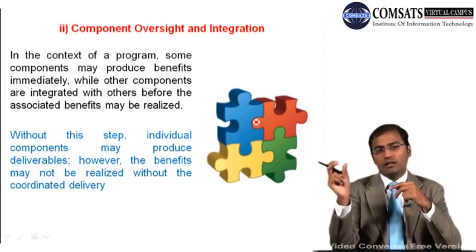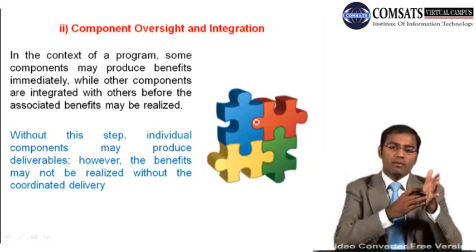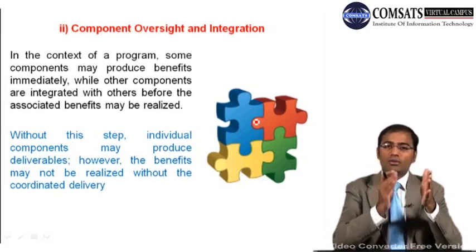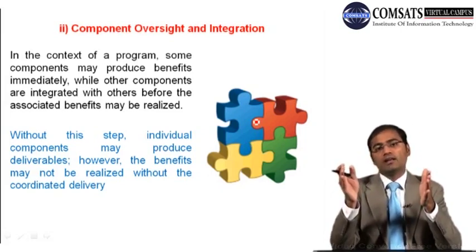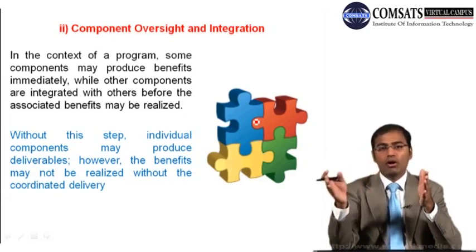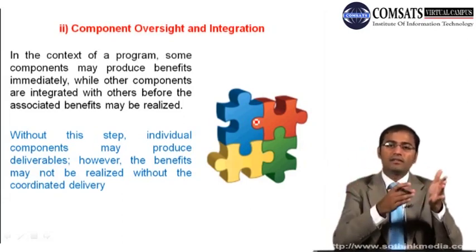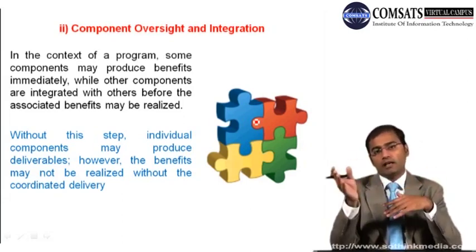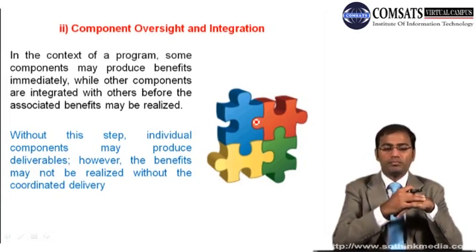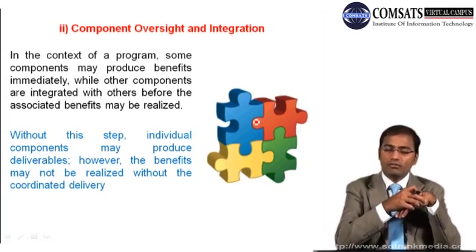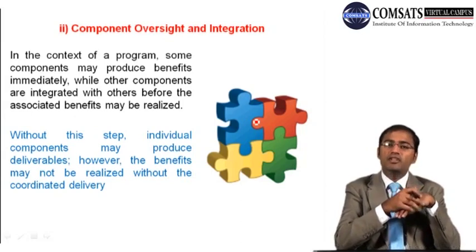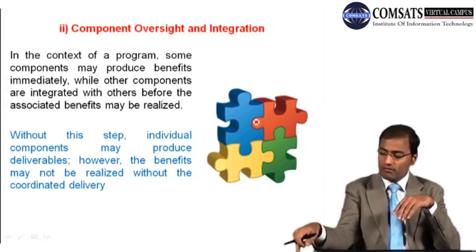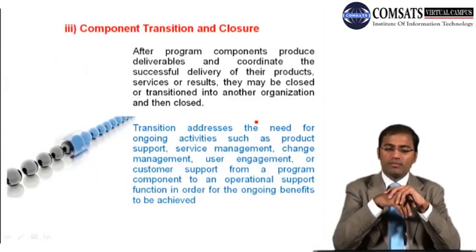Individual project benefits may contribute to the program level. But again, are those the intended benefits of the organization or not? If not, we need to take care of them. So for that we need oversight and integration of those components at the program level.